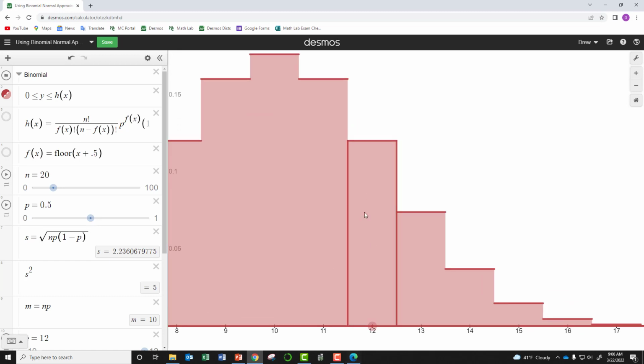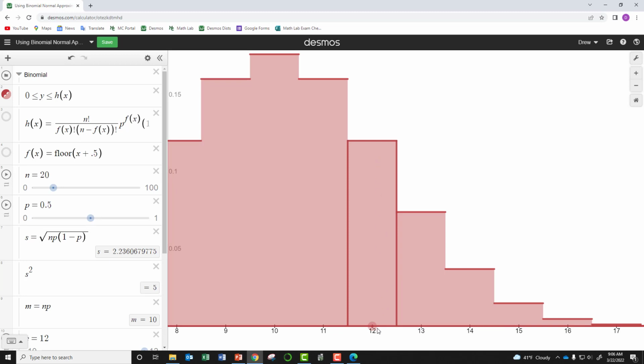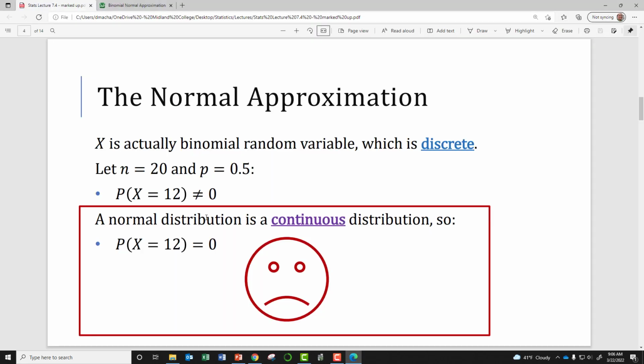That area represents the probability that my random variable is the number 12 right on the dot. Because this is a discrete distribution, it can only take on integer values. It can only take on the values 9, 10, 11, 12, 13, 14, and so on. But if we're concerned about the number 12, this area here in the box is the probability.